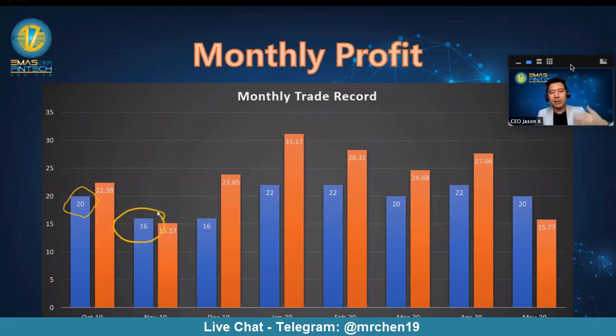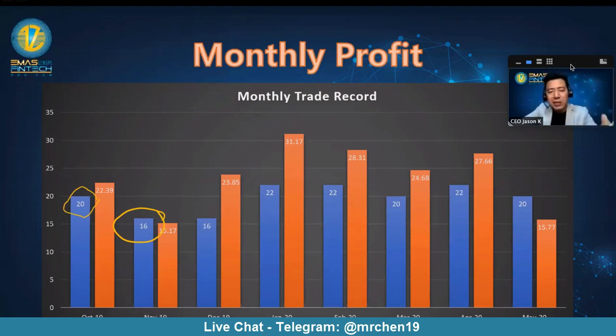Why only 8 or 10 times every month? Because it really depends on the market volumes, and also on the market price. It doesn't mean that every time I go for carry, there will be a sure hit, or sure profits. There's no such thing.